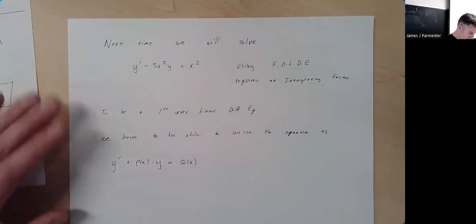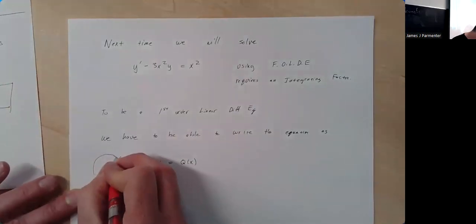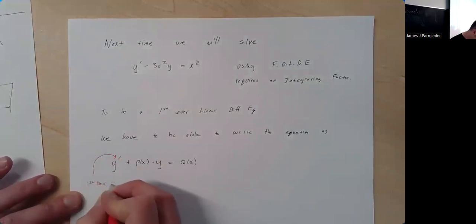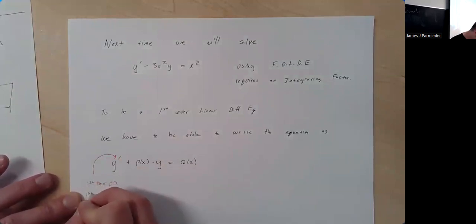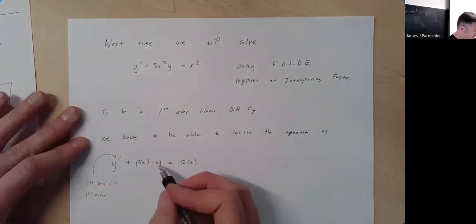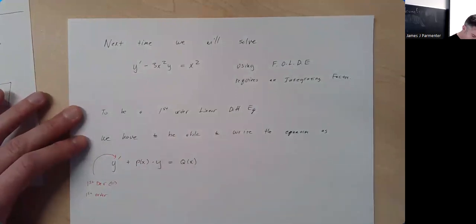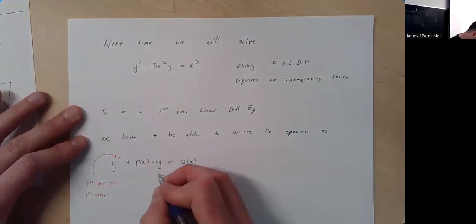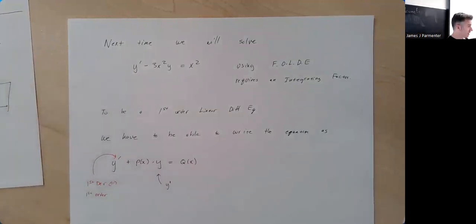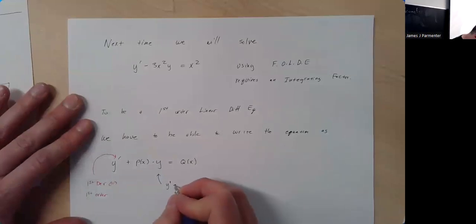I will point out that this derivative here, this first derivative, is giving us the first order part of the name of this type of equation. And this y to the first power, not the derivative of y, right? Just y to the first, which is equal to y.